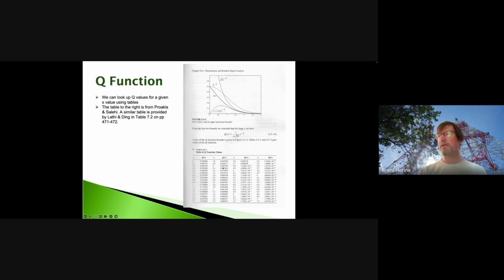They use an expanded table and give you more resolution on the x values, I think. Here we can see that Q of 0 is 1/2. As you go to larger and larger values, this goes very small, tending towards 0. If you need a negative x value, say you need to calculate Q of minus 7, then you would take 1 minus 1.2799 times 10 to the minus 12.